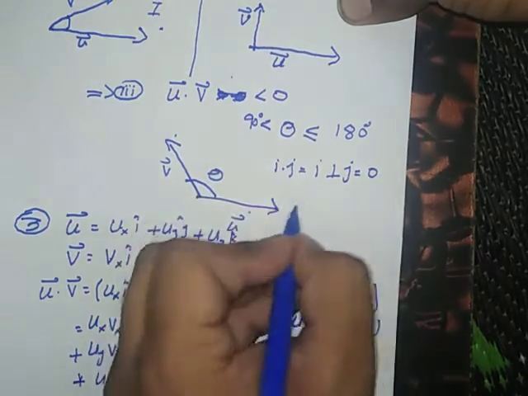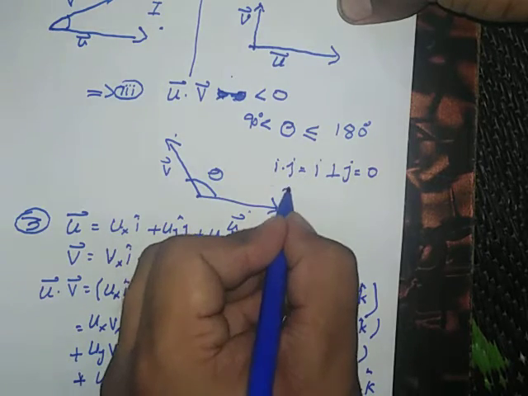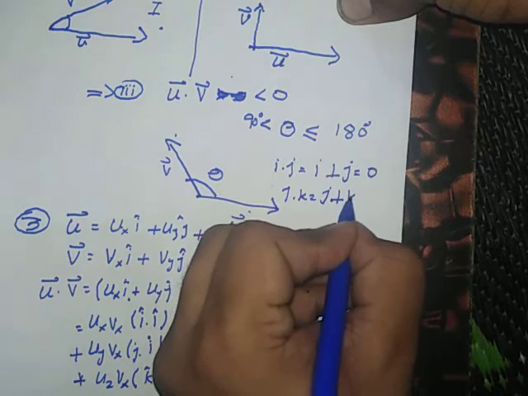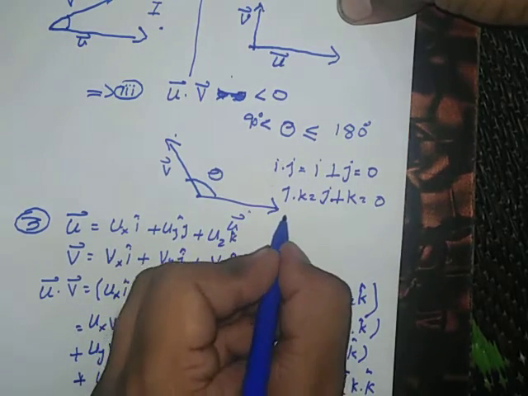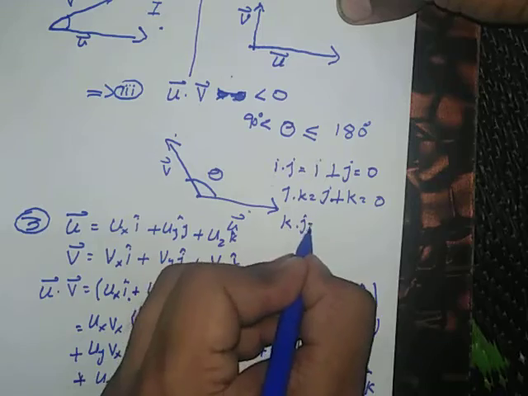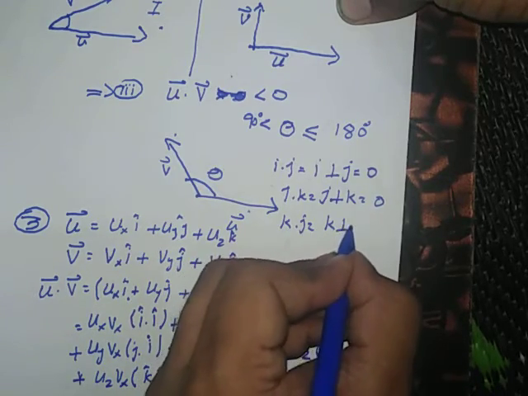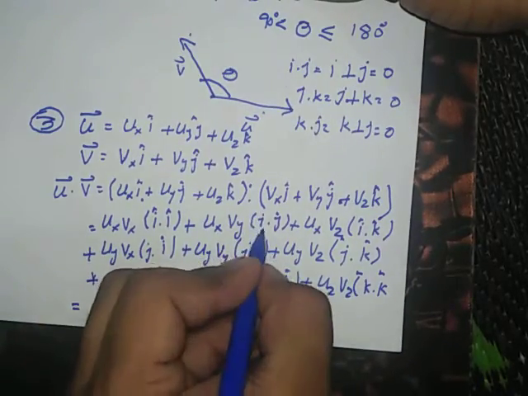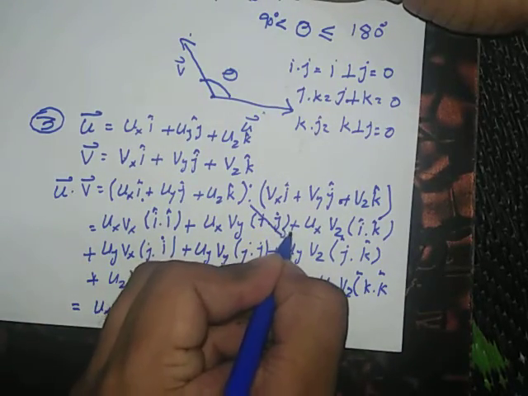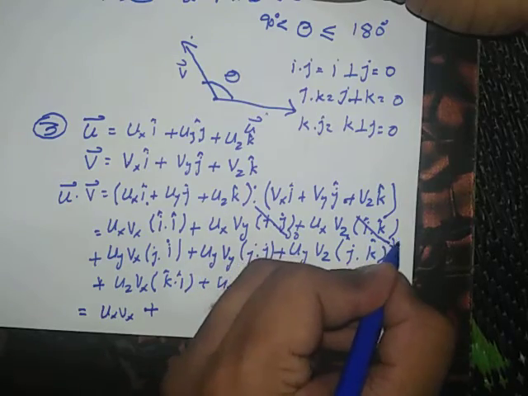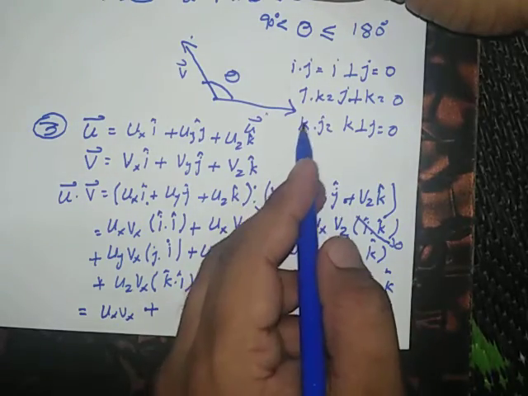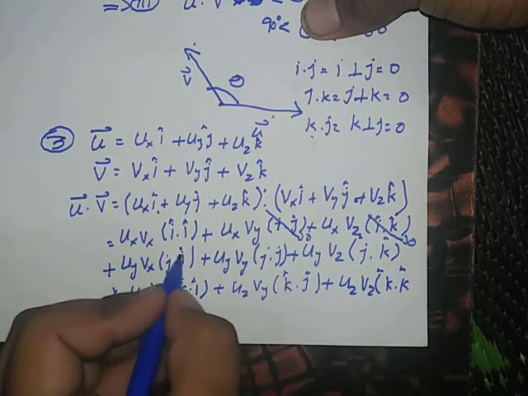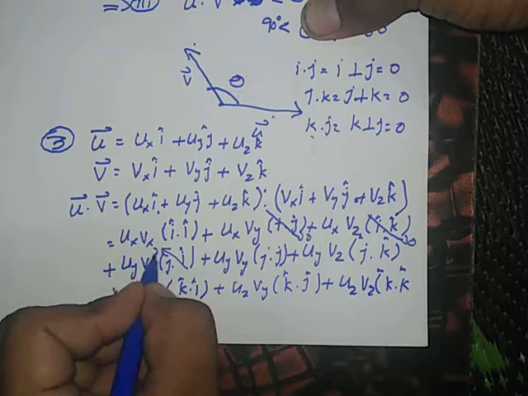J dot k is equal to 0 because j is perpendicular to k, and k dot j is also 0. Similarly, k dot i and i dot k are equal to 0, and j dot i or i dot j is also equal to 0.